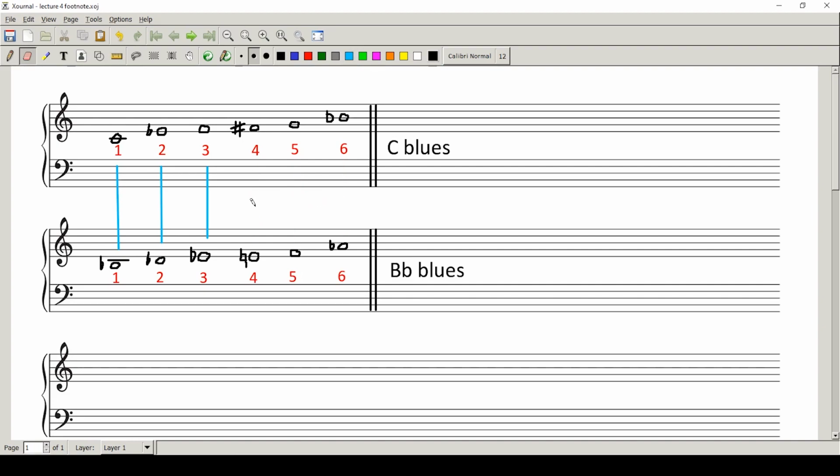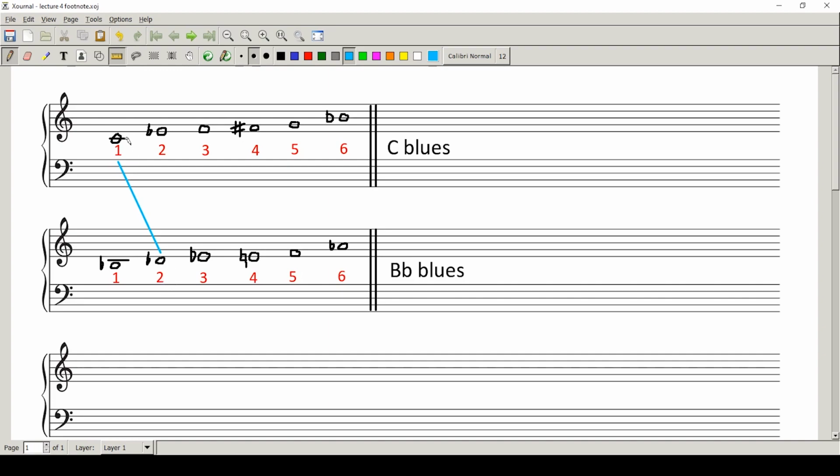But it's not the only thing that our rule would ask us to consider. For instance, another possibility would be if I take the root not straight down, if I take the first note of the C blues scale not to the first note of the B flat blues scale, but maybe to the second note, like this.